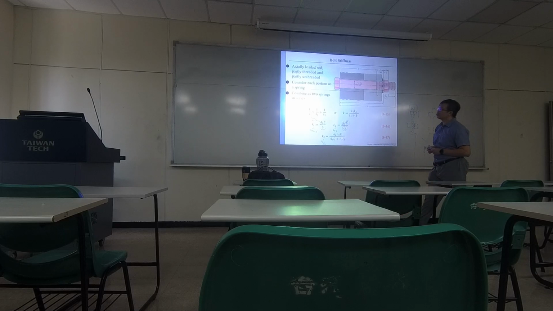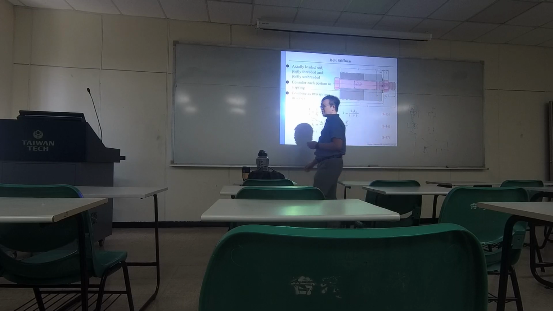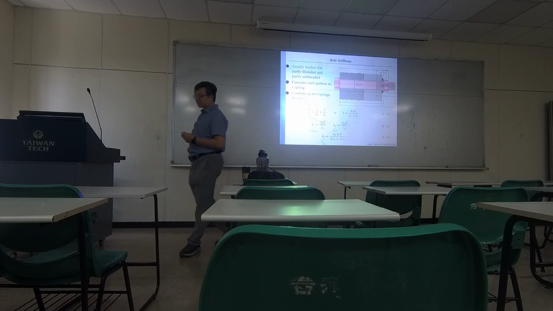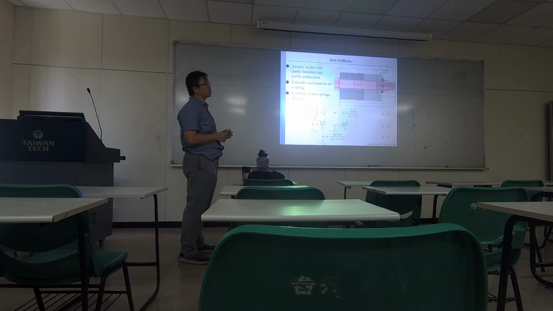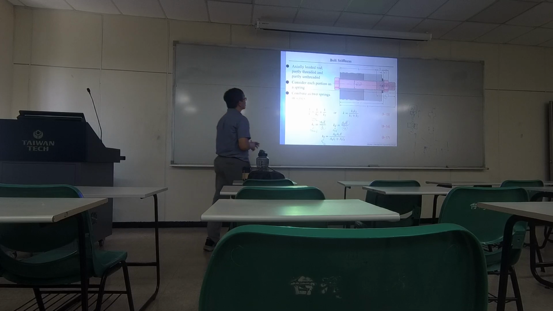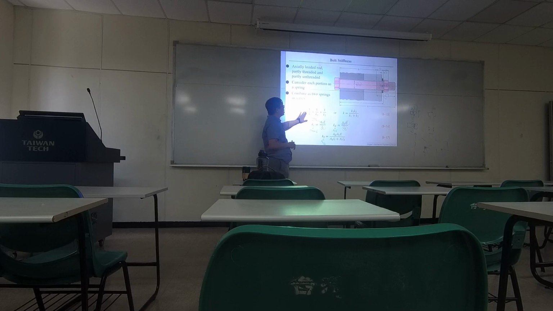So when you are treating both parts as springs with different properties, what's the total property of the entire spring? They are placed in series, so the spring coefficient is not calculated by direct summation. It's a summation with the inverse. Okay, when we invert, then you can sum together.